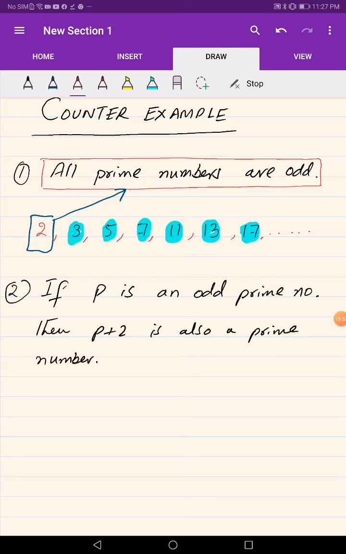Now this is a proposition or a statement. It can be true, it can be false. But here I'm assuming that this statement is true. In order to negate this truth, can I pose any example?